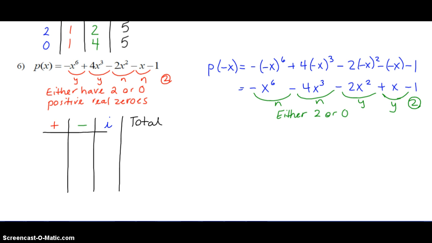Now this time around, we found that we could either have 2 or 0 positives, and we could have either 2 or 0 negatives. So we have 2 possibilities in each of those columns, which means we have a total of 4 different combinations.